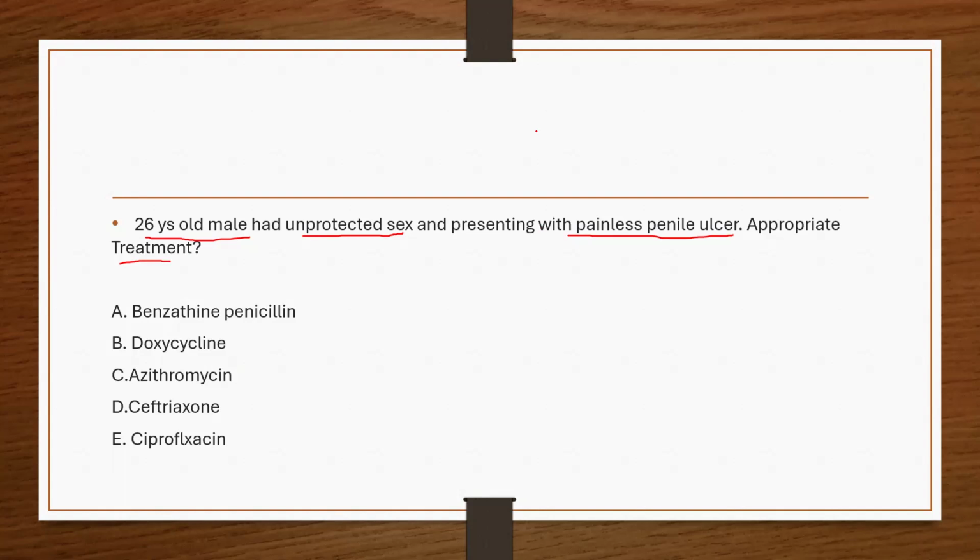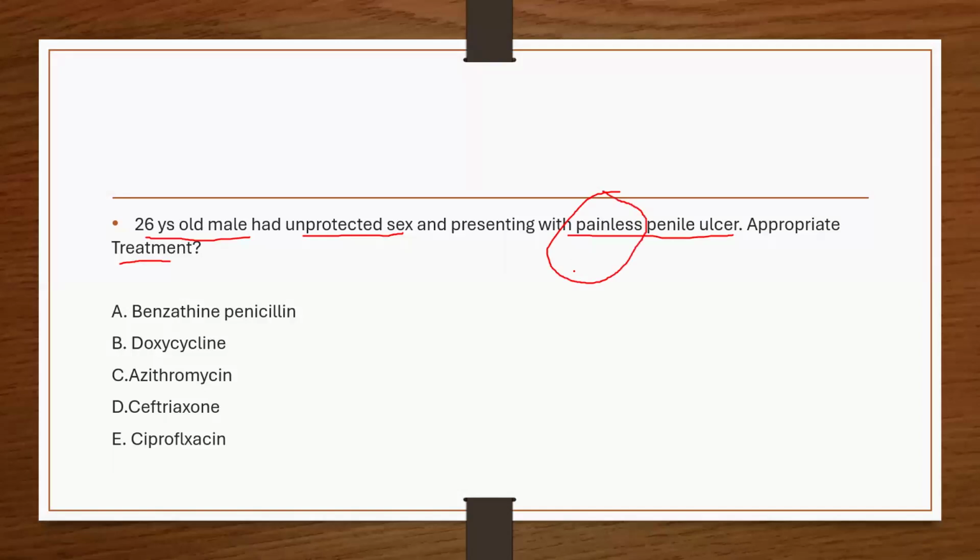Very good, excellent. Many of you have already mentioned it, even before I asked the question. The key point that will help you come to the answer is whether it's a painless or a painful ulcer. Why?